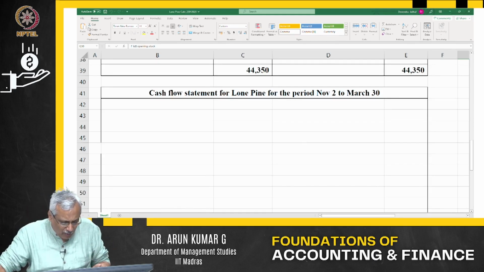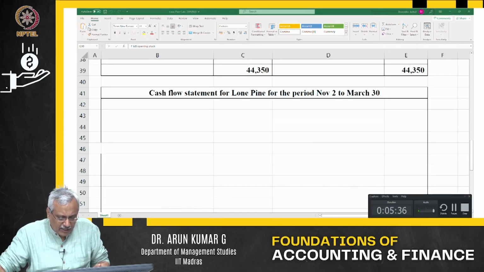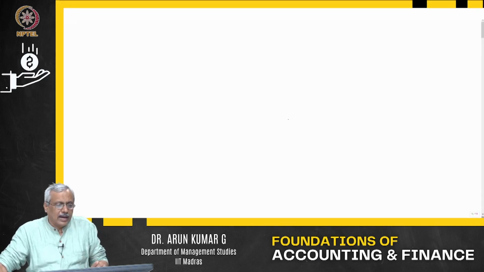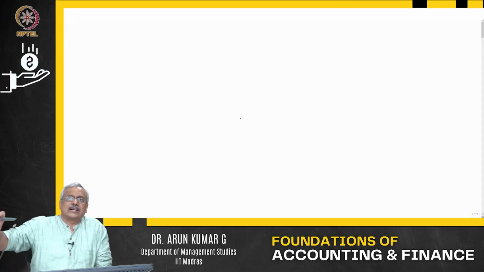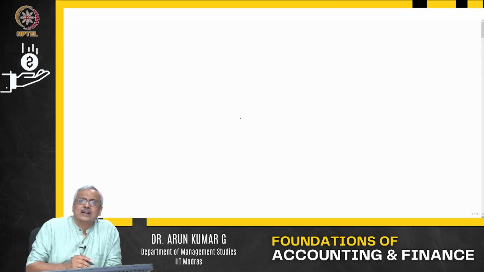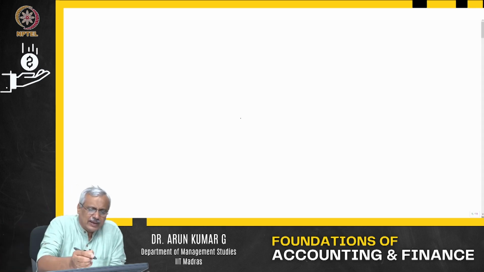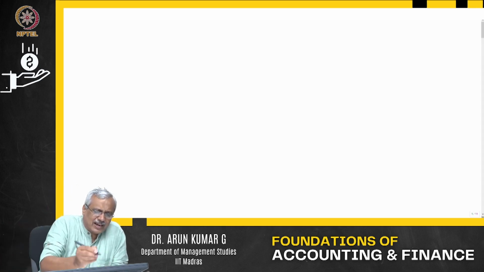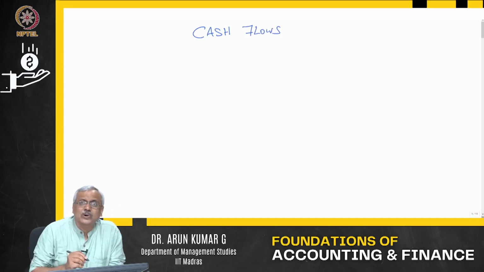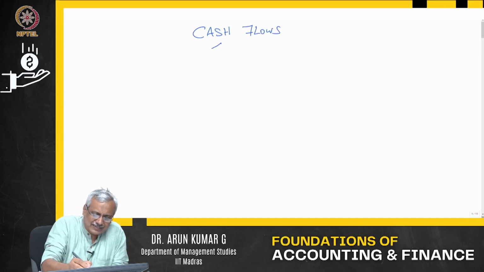Now, to give a little more explanation, let us see what a cash flow statement is. In a cash flow statement, we classify the cash flows into three basic categories. The first category is cash flow arising because of operations.